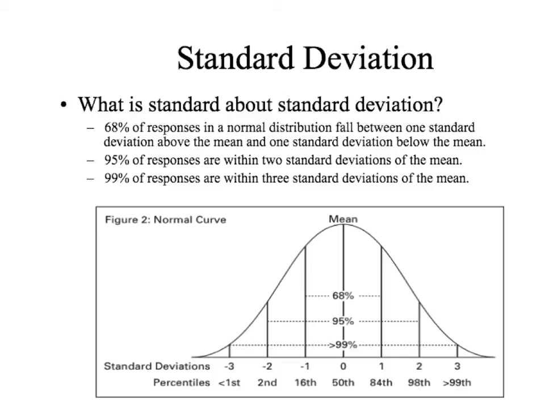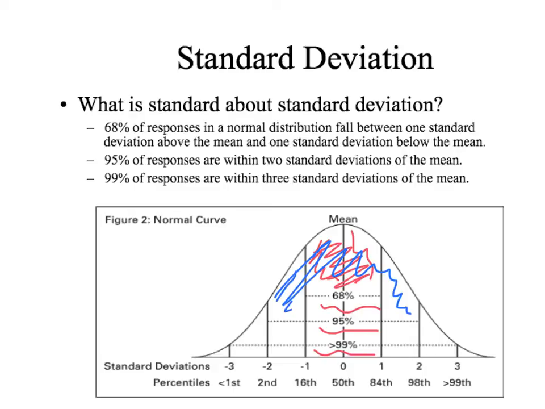So a standard deviation is how far away, either up or down the chart, our data point is from the mean. Standard deviation tells us that 68% of all responses in a normal distribution are going to be within one standard deviation of the mean. So in this red shaded area, 68% of respondents are going to be in there. We know that 95% of all respondents are going to be within 2, or actually 1.96 standard deviations of the mean.